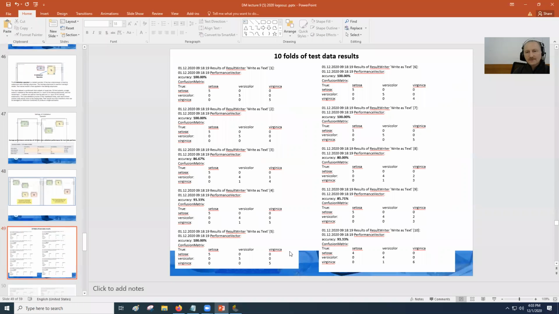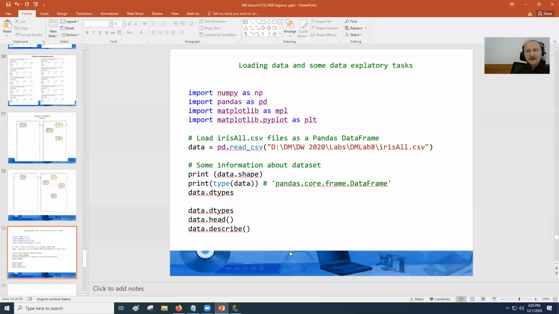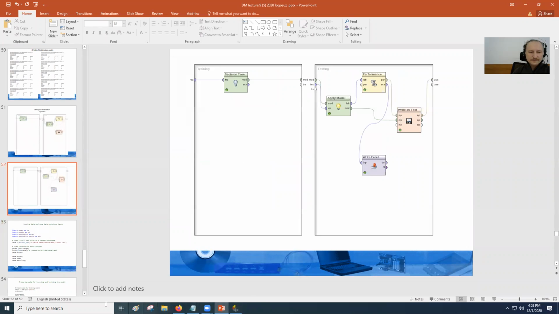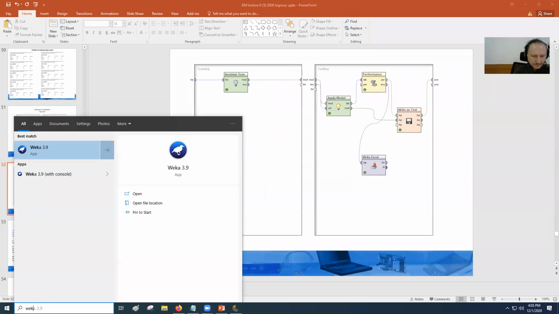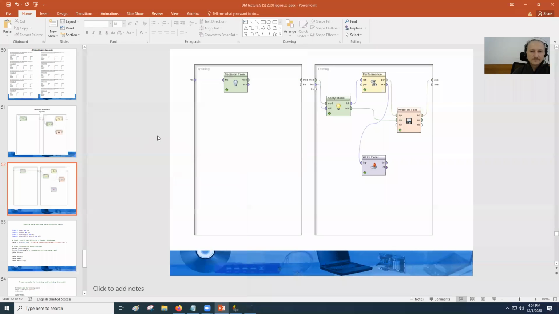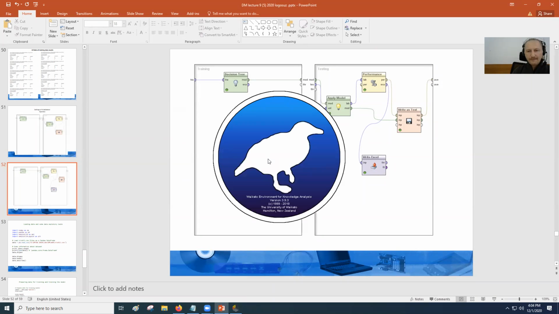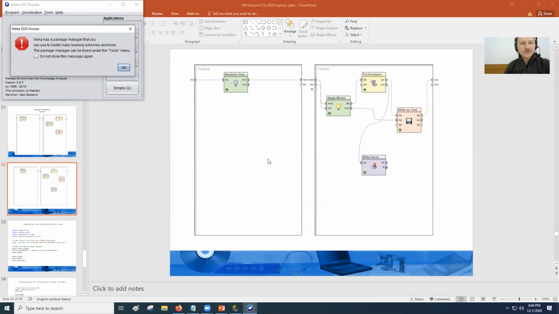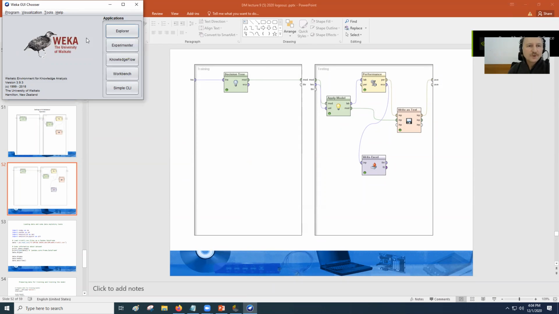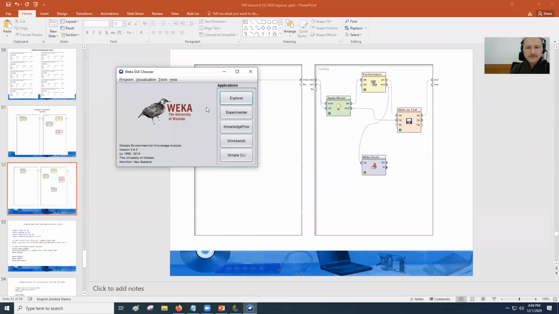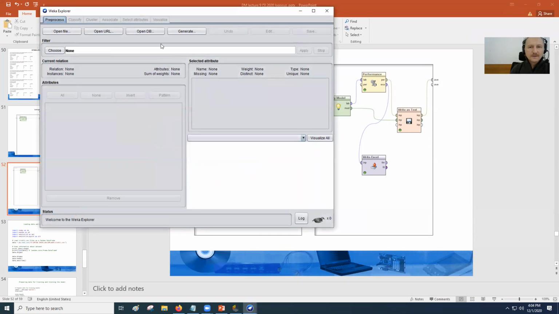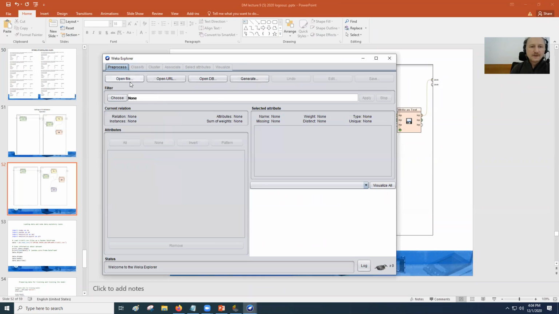So how can you do this in WEKA? In WEKA also, if you remember in the previous lesson, we used our whole dataset for training, but that was wrong.